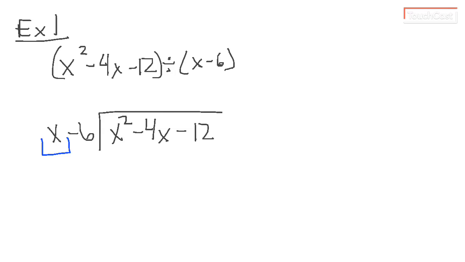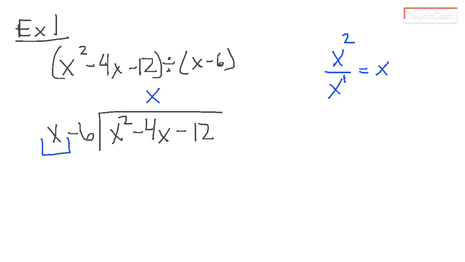One way we can figure that out is if we take the x squared term and put it over x. And remember, that x is an x to the first. When we are dividing exponential expressions with the same base, we subtract the powers, so we're going to have just an x. So that means x goes into x squared x times, so we're going to write that above the x term.